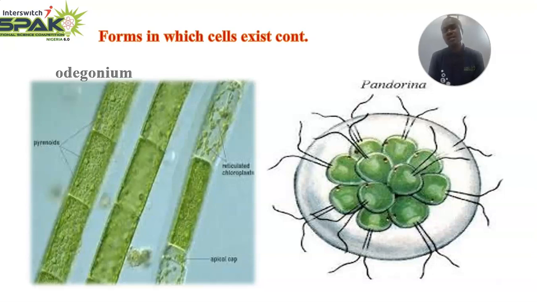In a colonial organization, if you take a single cell out, that cell is not going to die. As soon as you take a single cell out of the colony, that cell will quickly undergo cell division to reconstitute a new colony. So it will undergo cell division and form a new colony for itself.